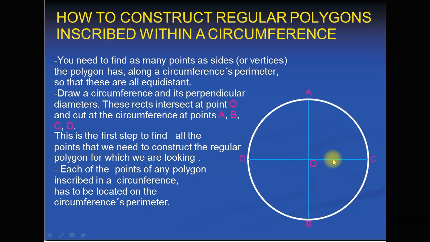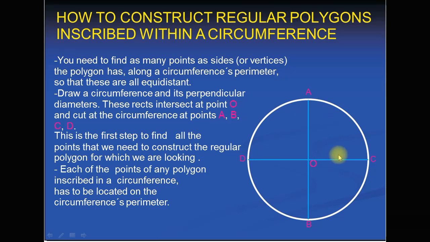First of all, locate the center point for the circle, and then open the compass about some radius like 4 centimeter or 3 centimeter or 2 centimeter, and draw the circumference. So draw the circumference and its perpendicular diameters.